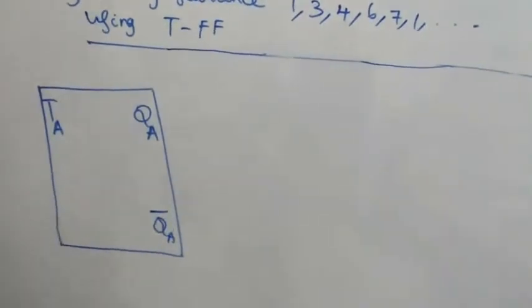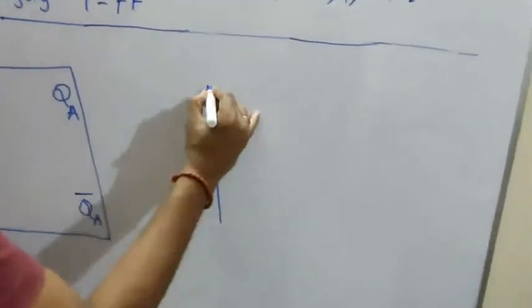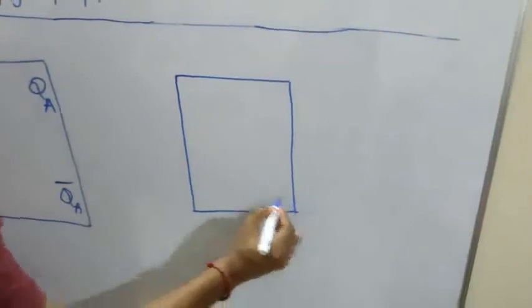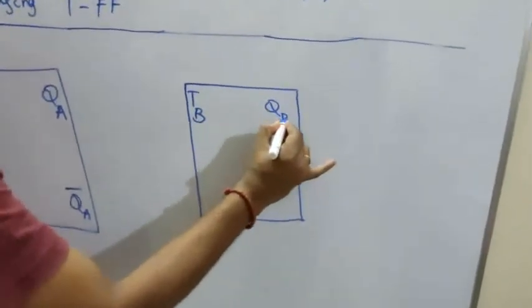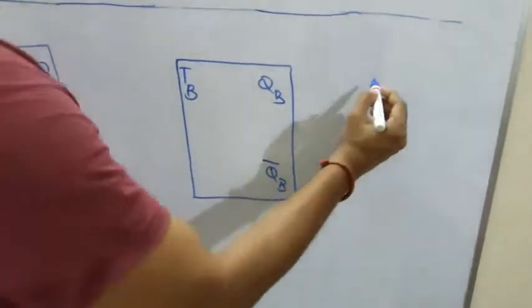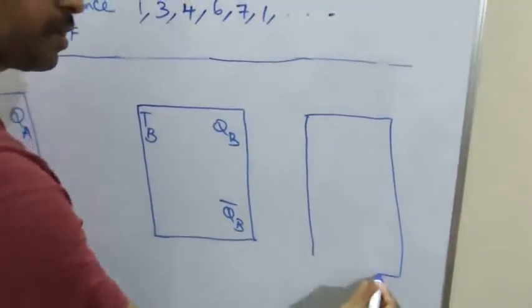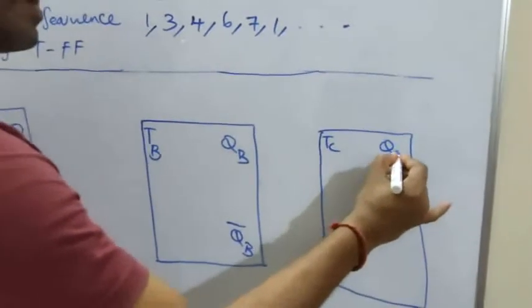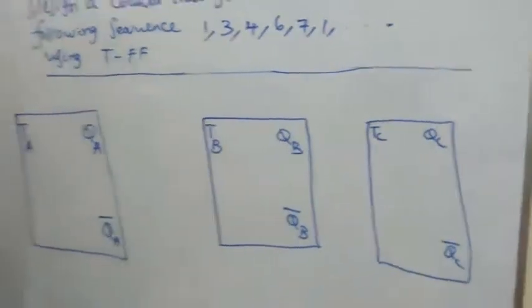Inputs may vary. This is TB, QB, QB dash, and then this is TC, QC, QC dash. First we'll form the inputs.